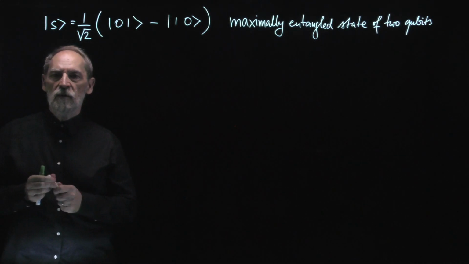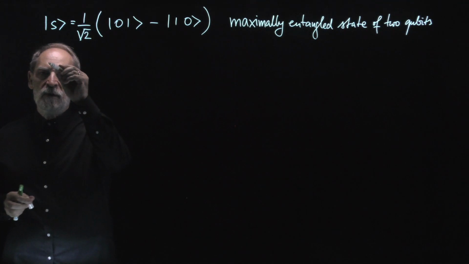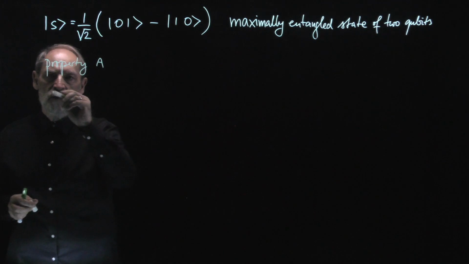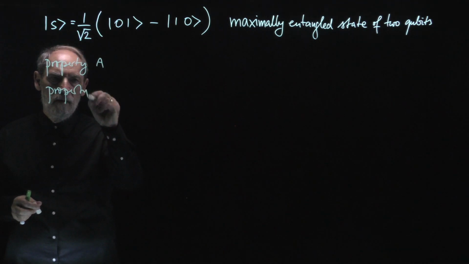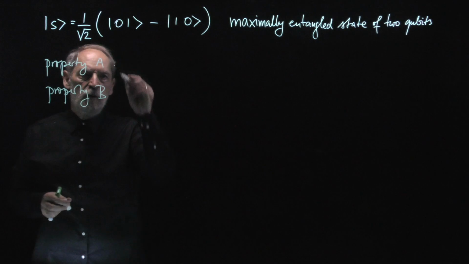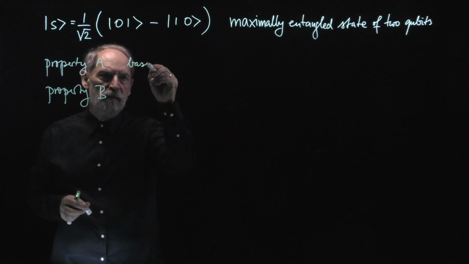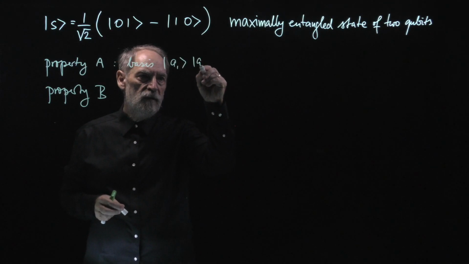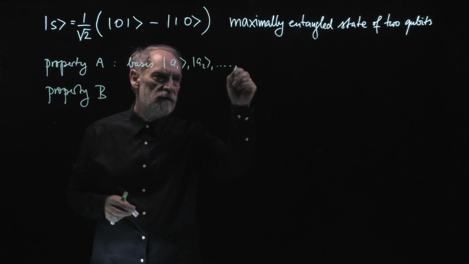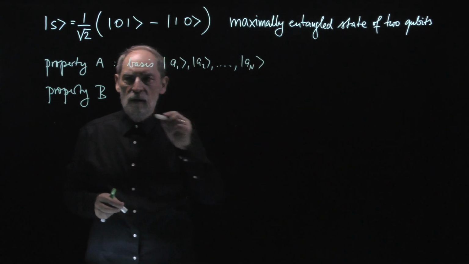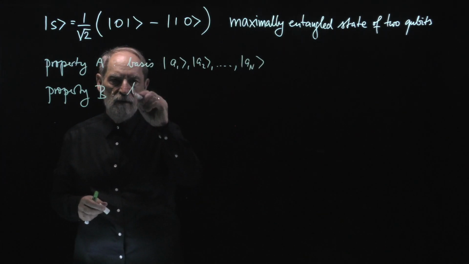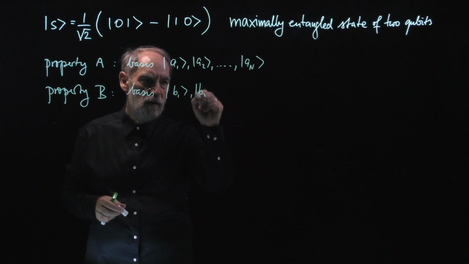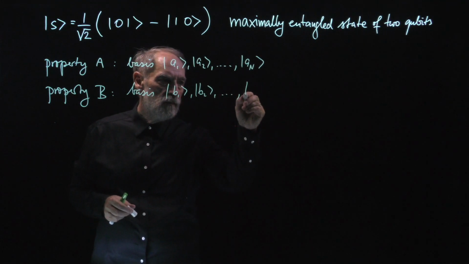For that, I will look at two properties, property A and property B. And for property A, we have a basis of kets A1, A2, and so forth, say An. And for property B, we have a basis of B1 and B2 and Bn.